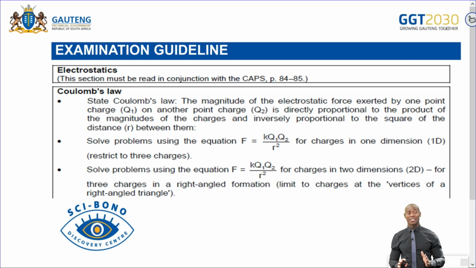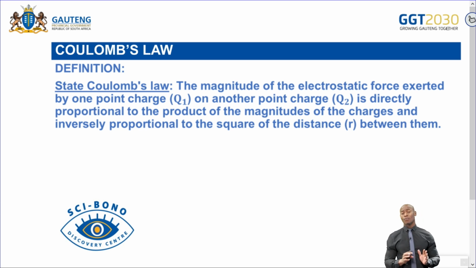Let me just go through those bullets: state Coulomb's law, solve problems using the equation F equals k Q1 Q2 over r squared for charges in one dimension, and also for charges in two dimensions, for three charges at a right-angled formation.